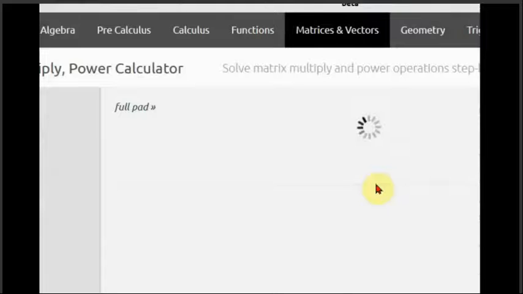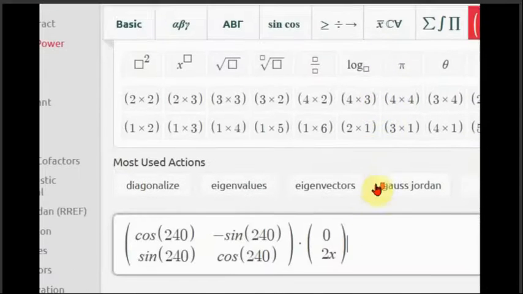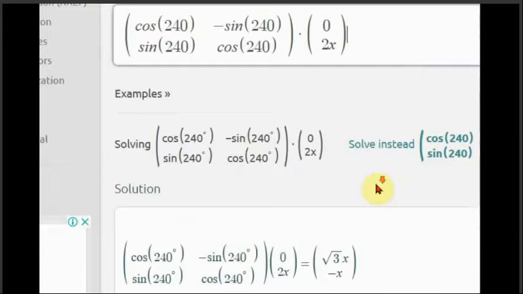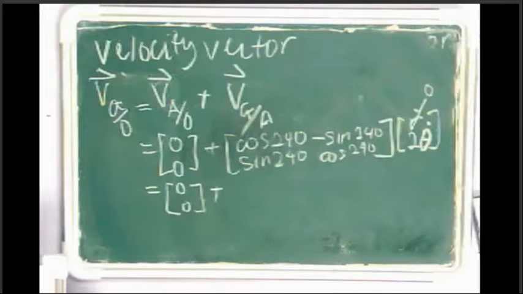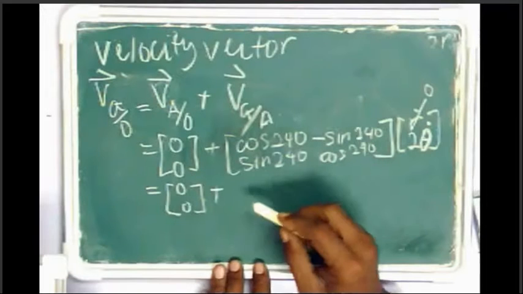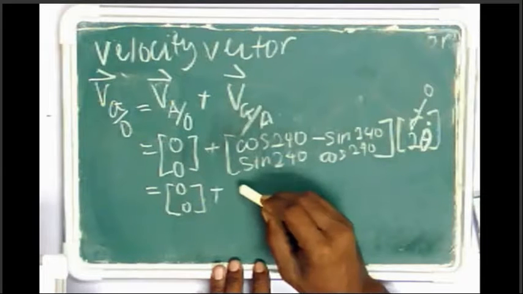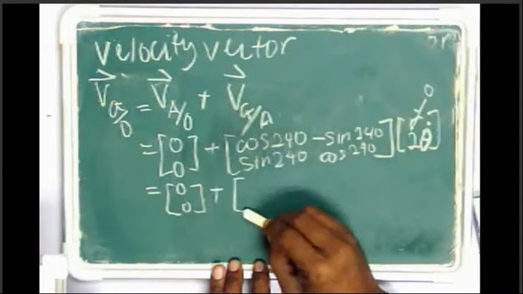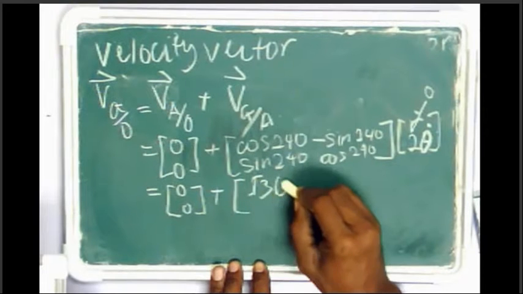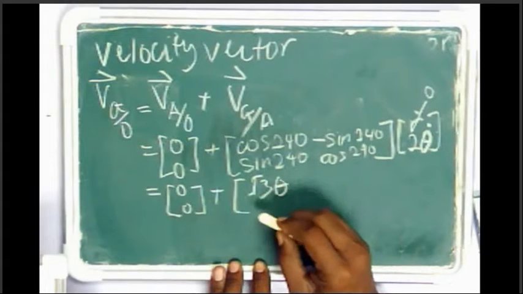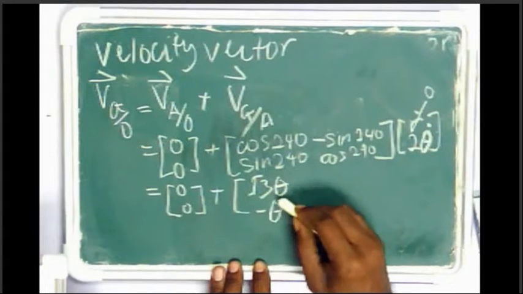so we have the solutions, which is square root 3 x and minus x, theta and minus theta dot.